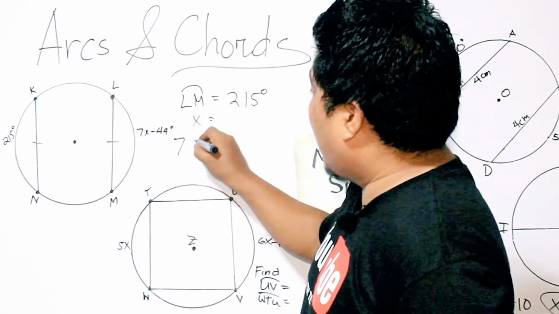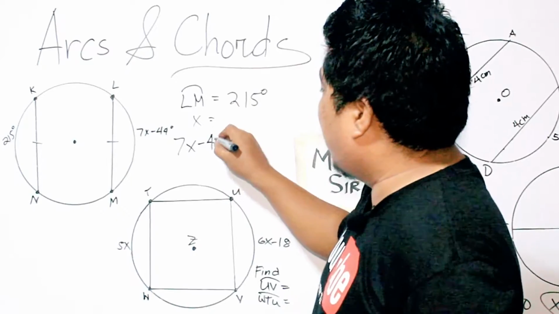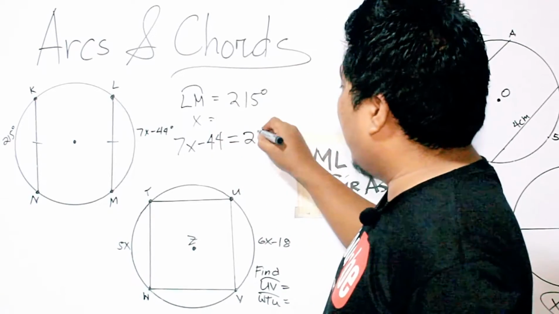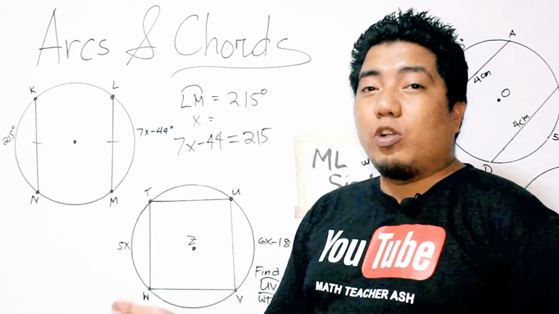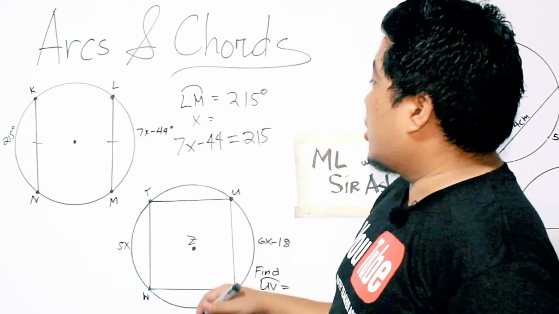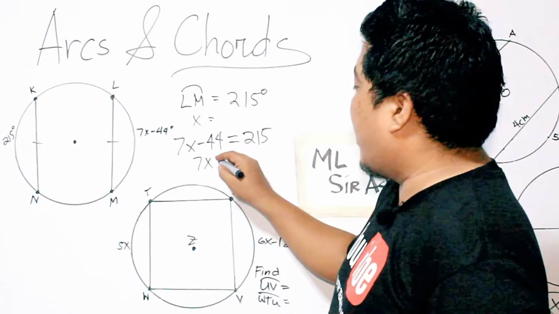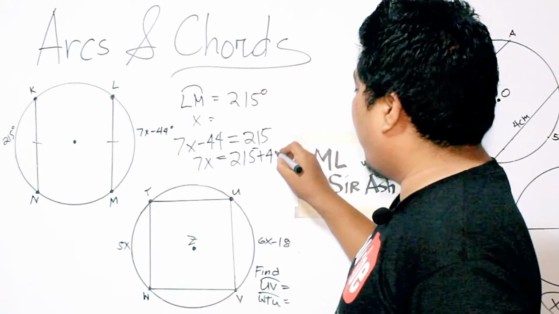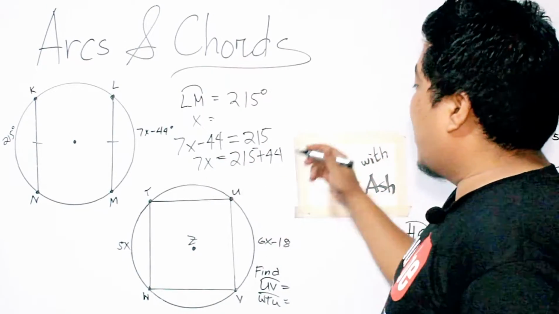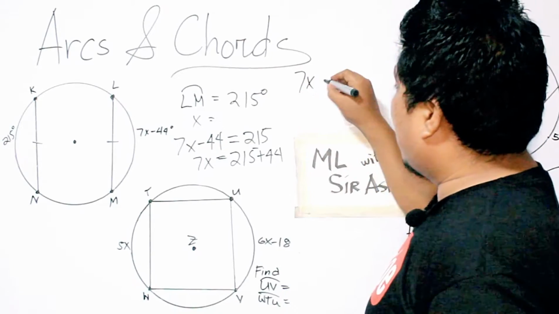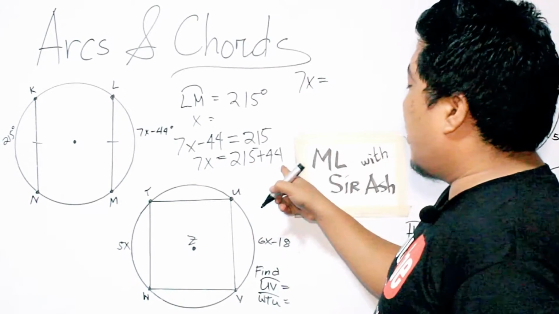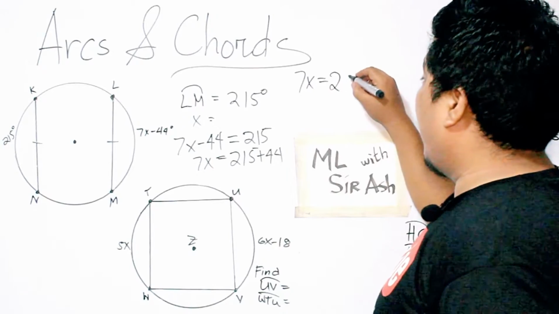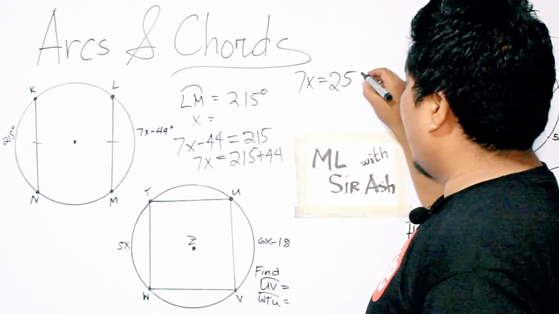But if you're asked what is the value of x, then basically what you can do is you just equate the 7x minus 44 to 215 and then solve for the value of x. So you transpose the 44, giving you 7x is equal to 215 plus 44. If that's the case, then you simplify that, 215 plus 44, that will become 259.